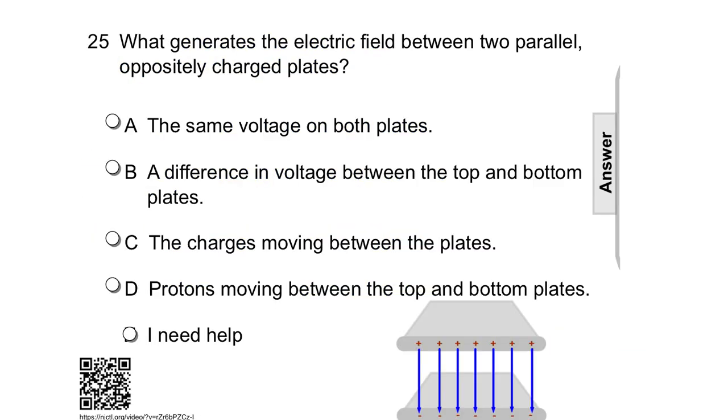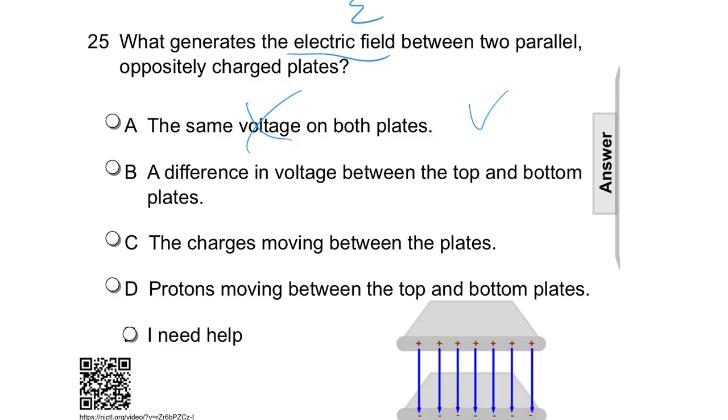So this question: what generates the electric field between the two parallel oppositely charged plates? Well, electric field is caused by different charges next to each other. So you don't have the same voltage on both plates. V is maximum on the positive plate and 0 on the negative plate.